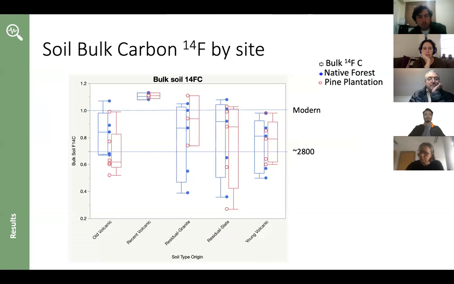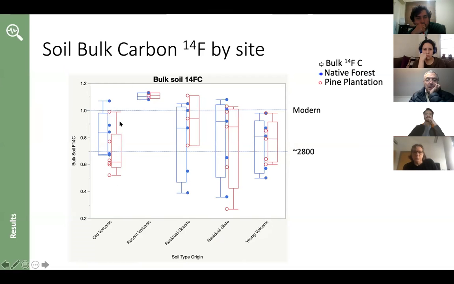So now, if we start looking at radiocarbon to see if it can shed any light on this, these are bulk fraction modern C14 values for the different sites: the old volcanic, recent volcanic, residual granite, residual schist, and young volcanic.